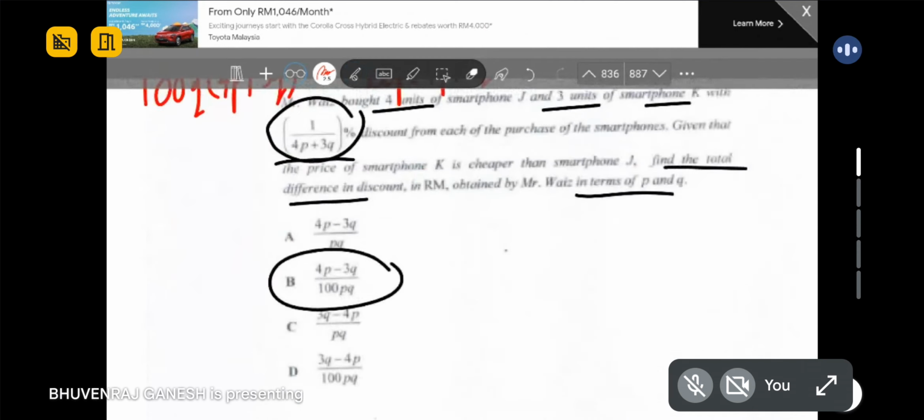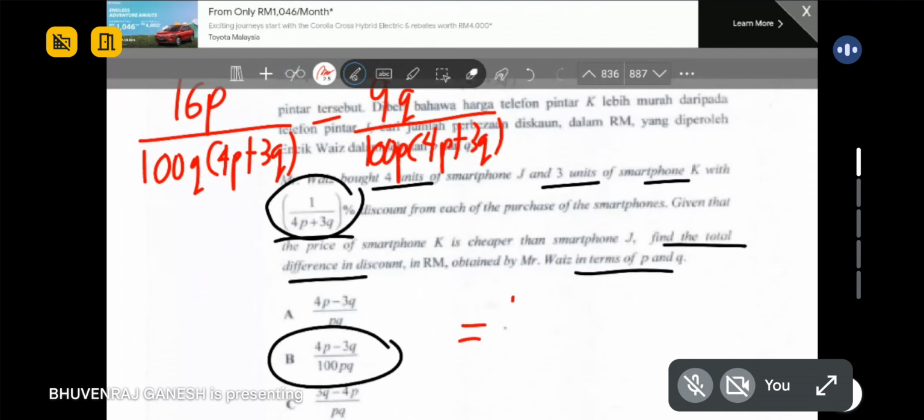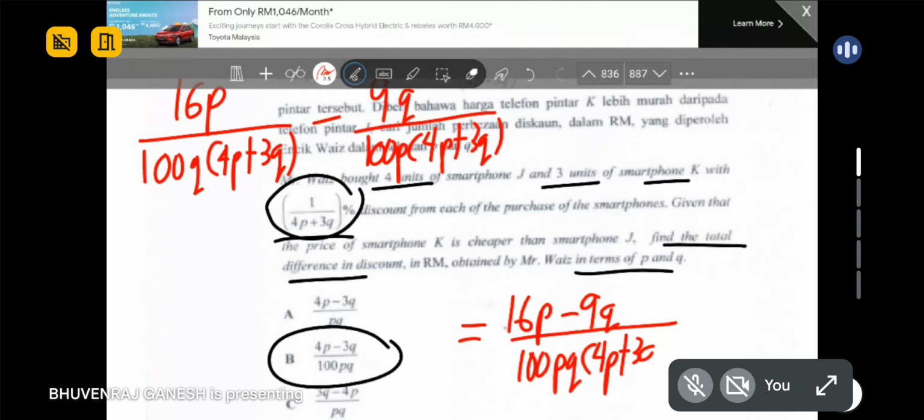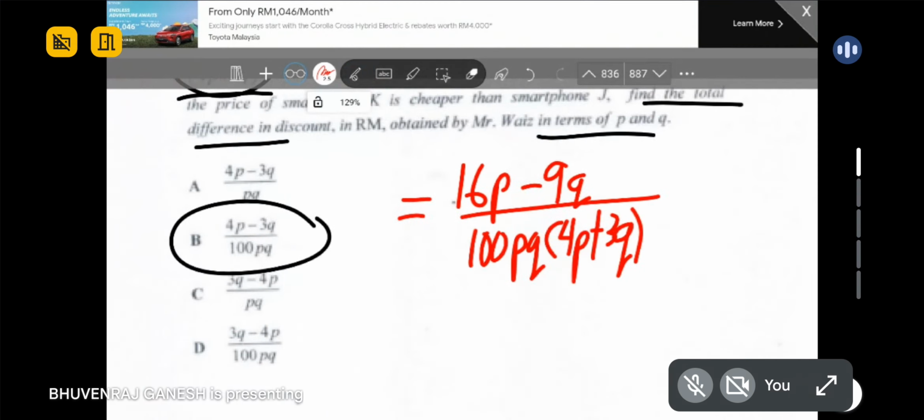So you can combine. So you will get 16p minus 9q over 100pq times 4p plus 3q. I combine into one fraction, guys. And then I factorize 4p minus 3q.